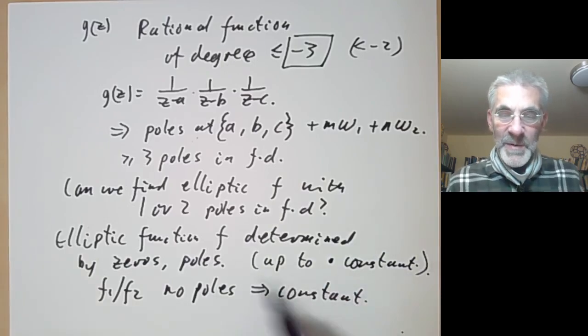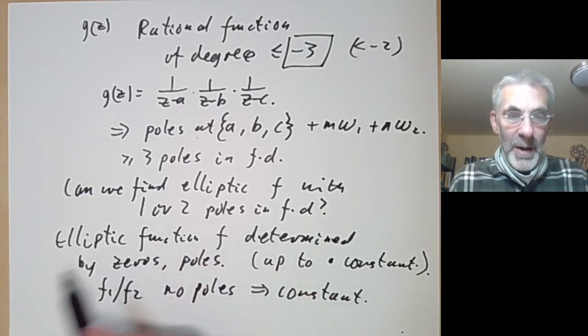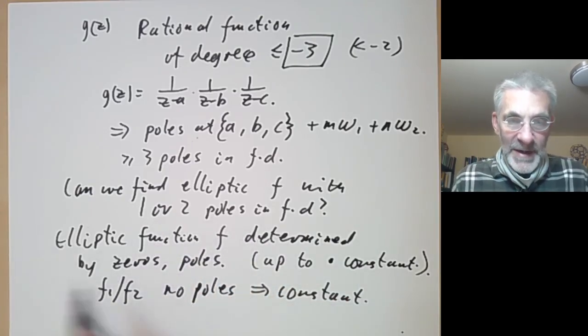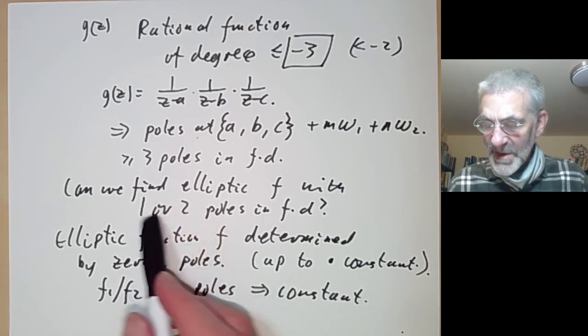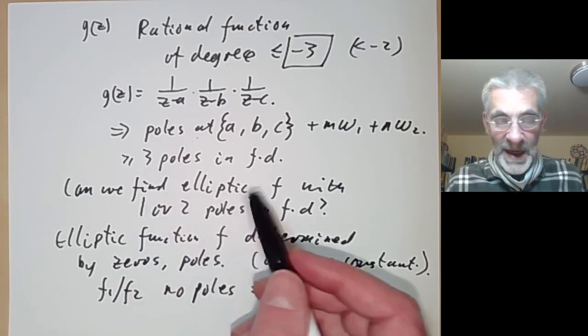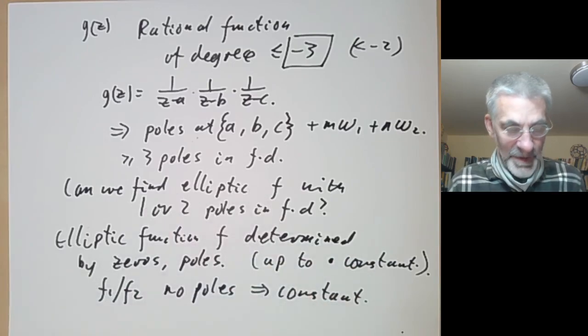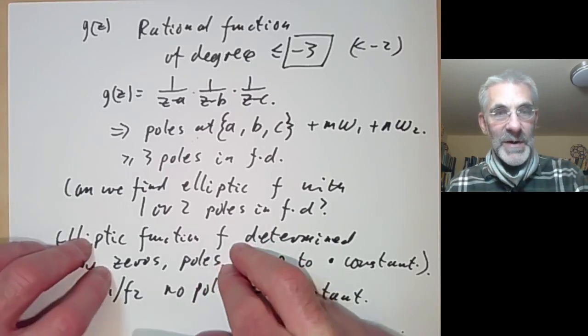So this means we can specify elliptic functions by just giving their zeros and poles, provided we know which selections of zeros and poles give rise to elliptic functions. So in particular, we could ask, if we take 1 pole and some zeros, can we find an elliptic function with that as a pole? And in order to answer that, we're going to use the argument principle.